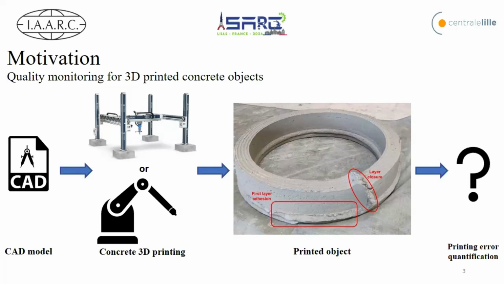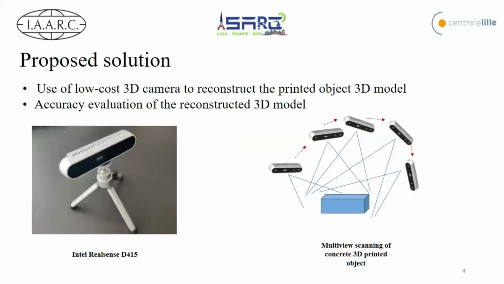So we are using multi-view RGB-D images to reconstruct the 3D model and then compare it to the CAD model. We are using a very well-known 3D stereo depth camera that's quite low cost and also small in size. So it's very effective.